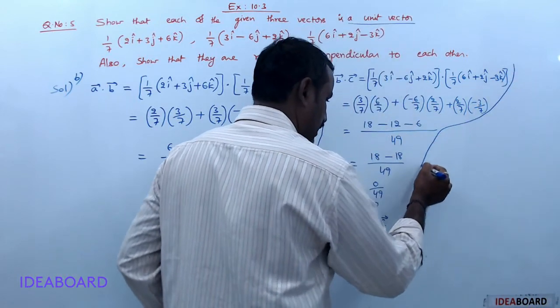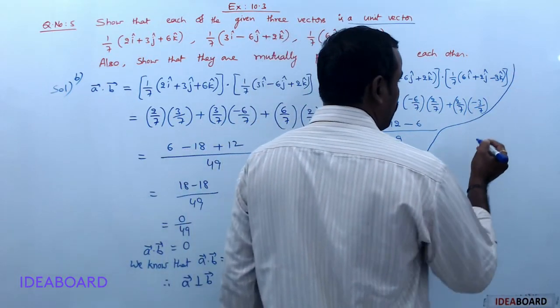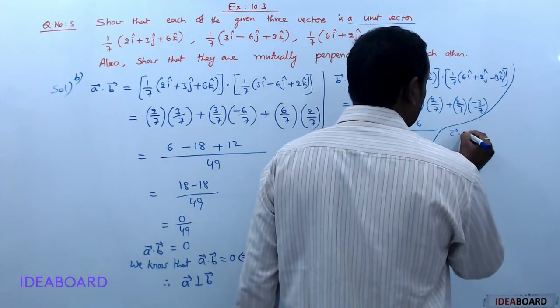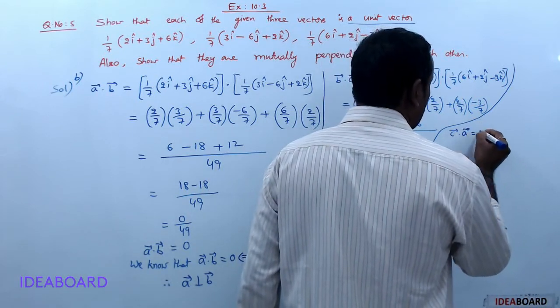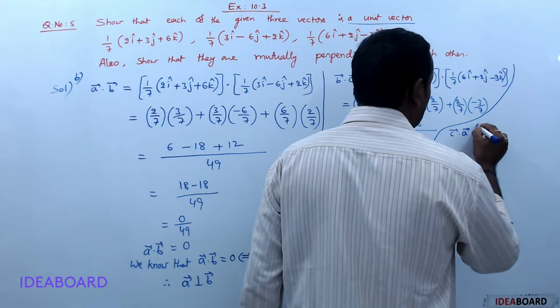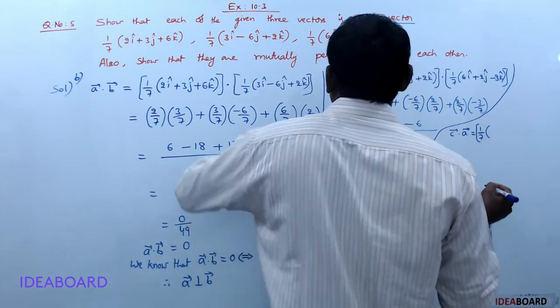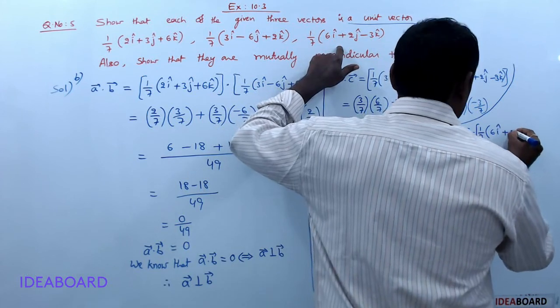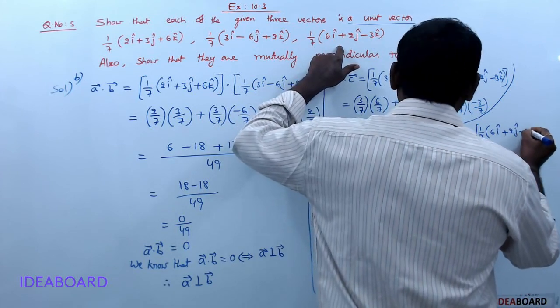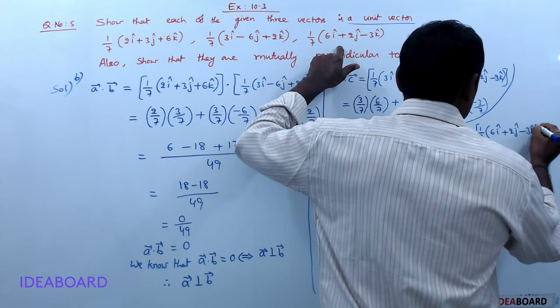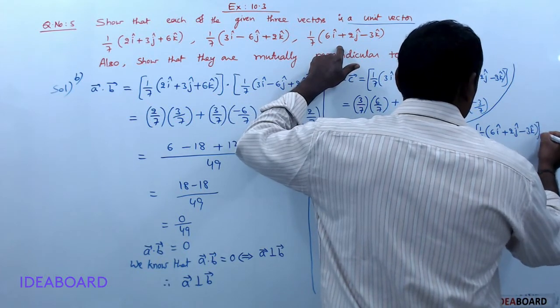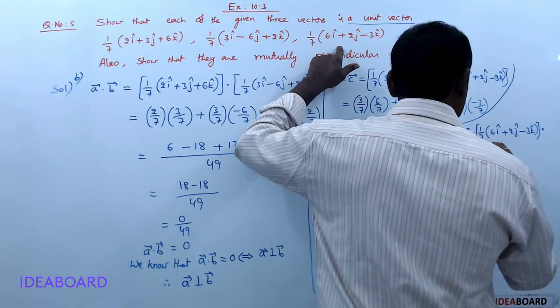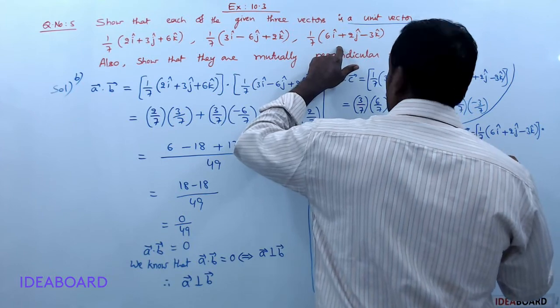C bar dot A bar is equal to 1 by 7 of the vector 6i cap plus 2j cap minus 3k cap, dot product with the vector A bar.